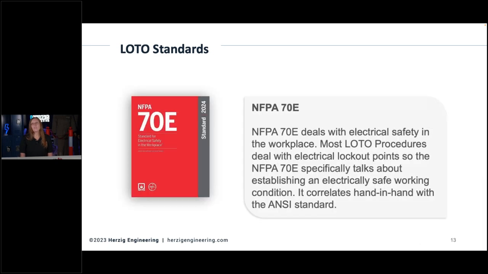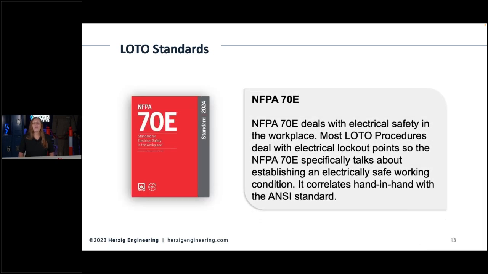And then of course the 70E, which more people look at and think, oh, that's electrical safety. They kind of separate lockout tagout and electrical safety. But in reality, you can't really have one without the other, frankly. You have to be able to safely lock out electrical equipment to get to work, right?